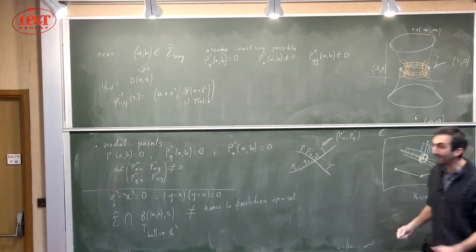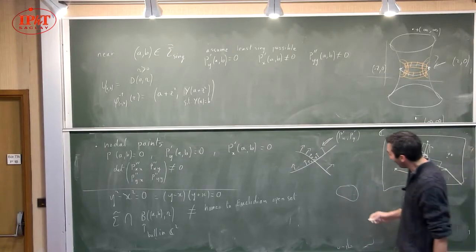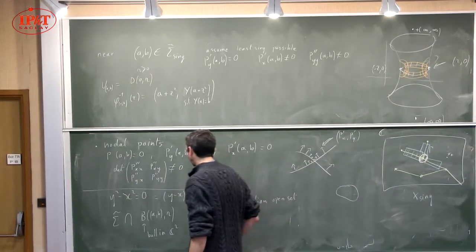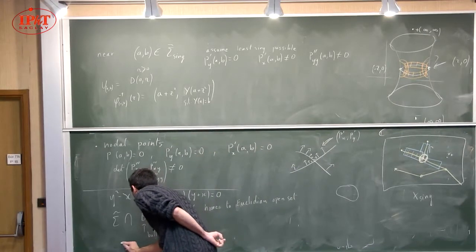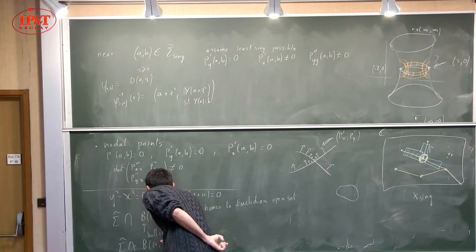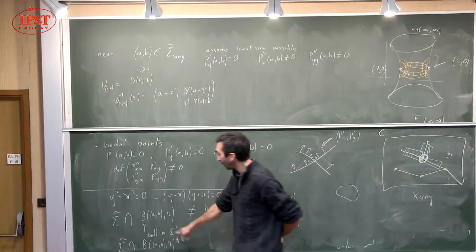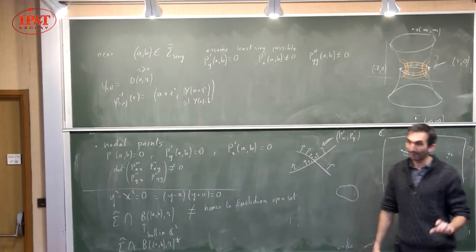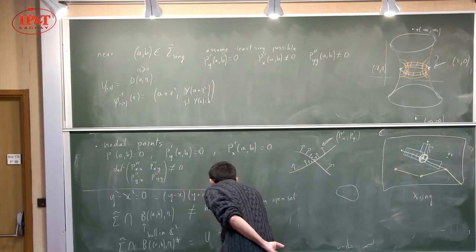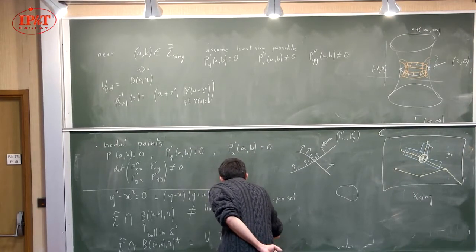So basically, it does not look like a Euclidean set. But in fact, now if you take sigma tilde star, where star means I remove the center, I remove the point (a, b), then this is the union of two disks, two Euclidean disks.